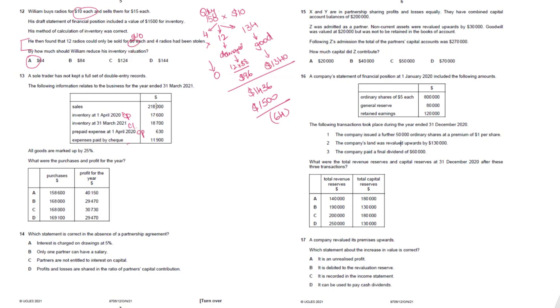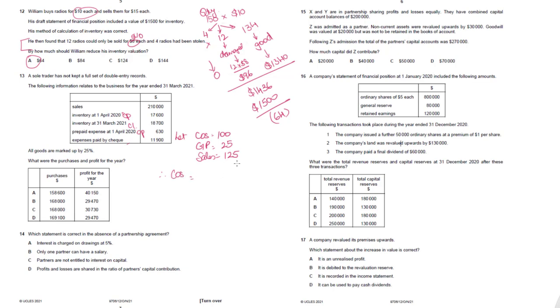If the sales is given as 210,000 and markup is given as 25%, how can we use it? What we can do is let the cost of sales be 100. If the markup is 25%, for cost of sales 100 our gross profit would be 25, and eventually our sales comparatively would be 125. So based on the current data, if sales is 210, can we get our cost of sales? Yes.